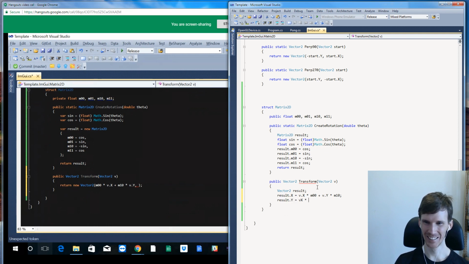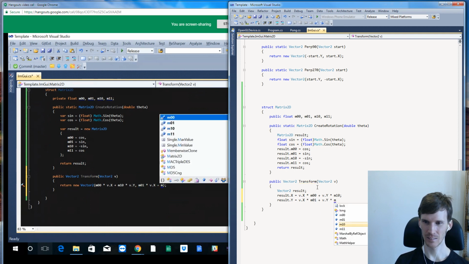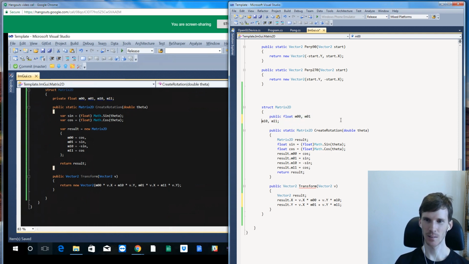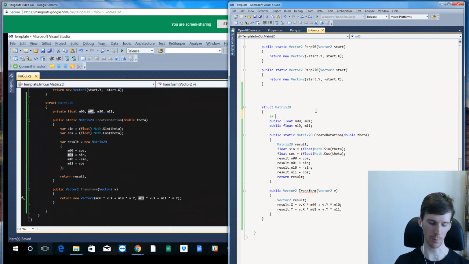Okay, all right. So then the rest is m01 times x plus m11. Hang on. So this is why this is complicated. It's a little trick that I find helps a bit, to make sure that's the right way around. There's also a consideration of what order you put these in memory.